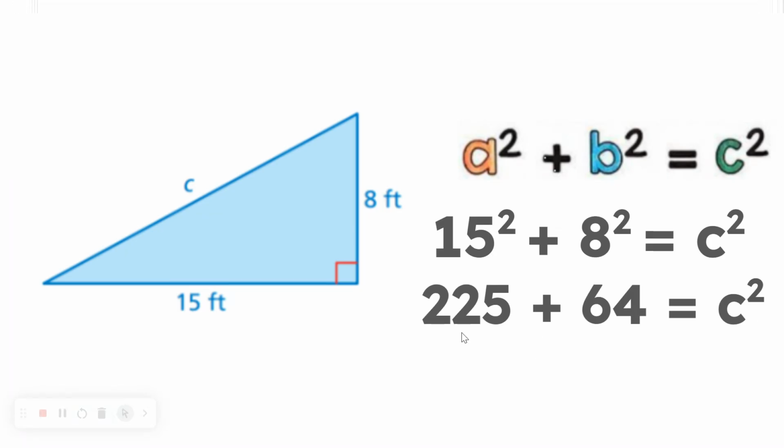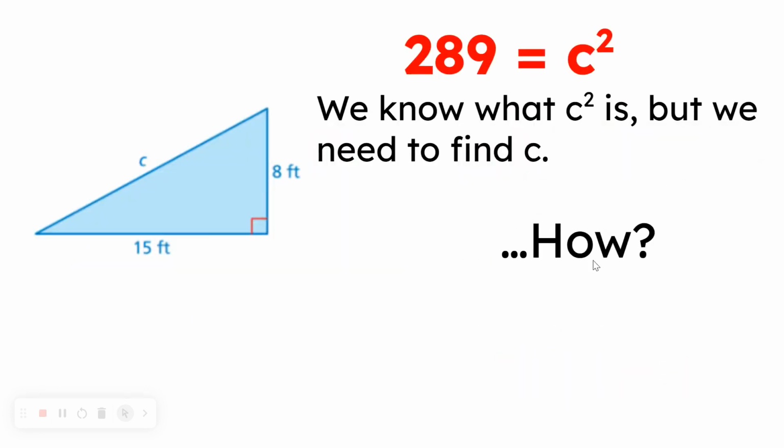So let's go ahead and get this sum of 225 plus 64. We have 289. 289 is equal to c squared, but we have a slight problem here. We know what c squared is, but we need c. So how would we do that? If you were paying attention to the Math Antics video, he did explain this.